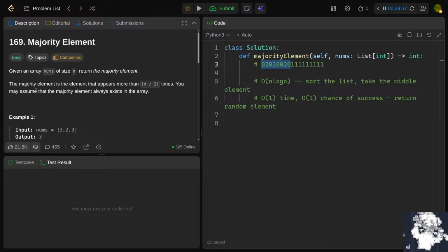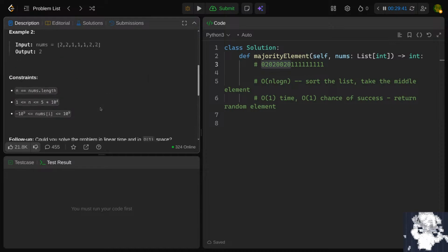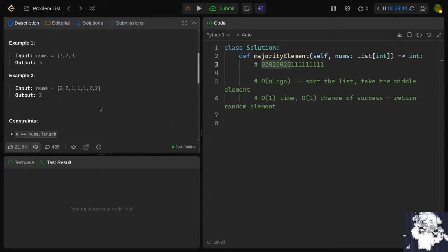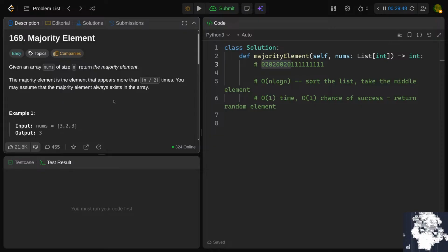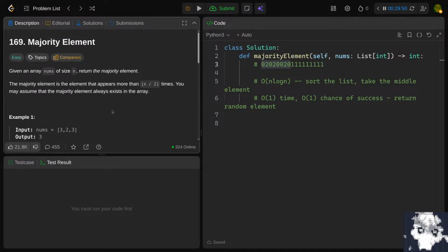This is so hard. This is labeled as easy. Although I bet, I don't know how they label their questions, but sometimes questions are labeled easy when there's an easy solution, even if it's not the best solution.